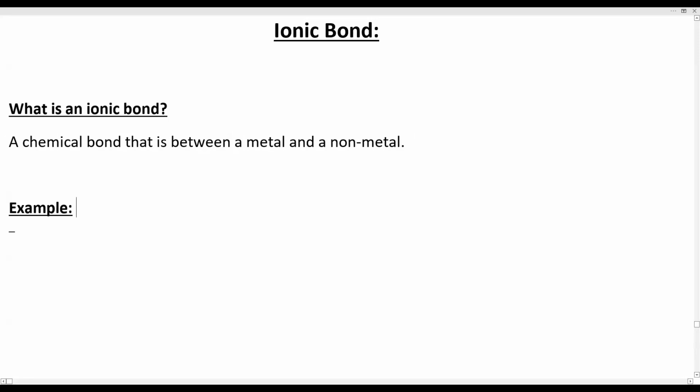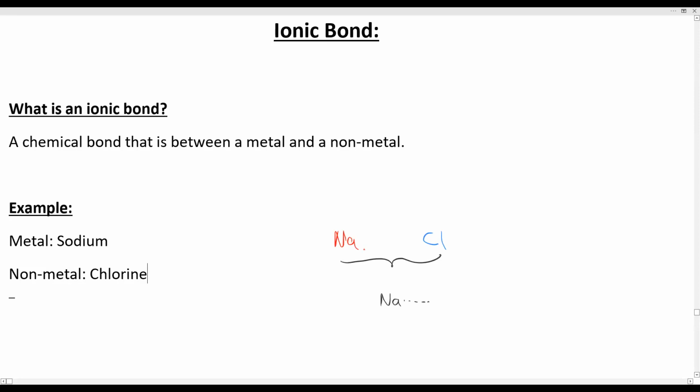Let's consider an example. A metal would be sodium. A non-metal would be chlorine. So if you end up with sodium, which we'll represent in red, and chlorine, and they get together, what we will say is that you'll end up forming an ionic bond, not drawn the way I'm drawing it.